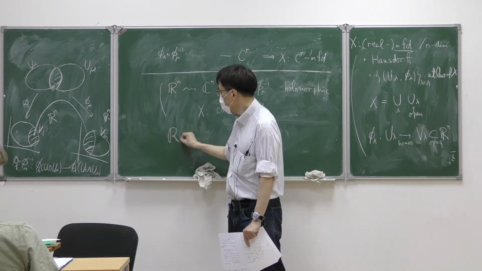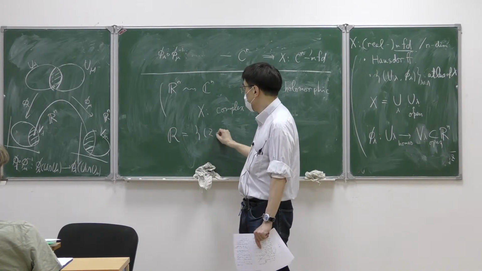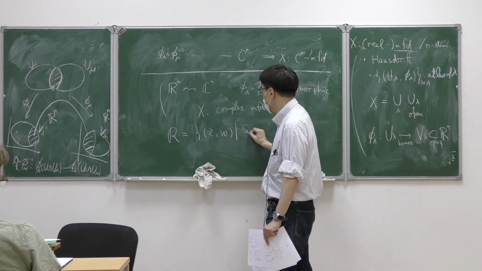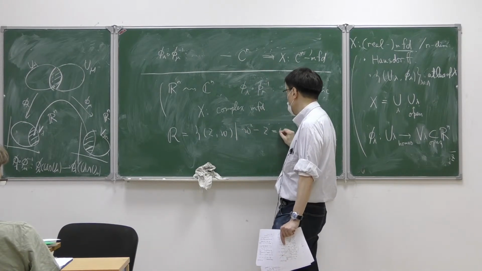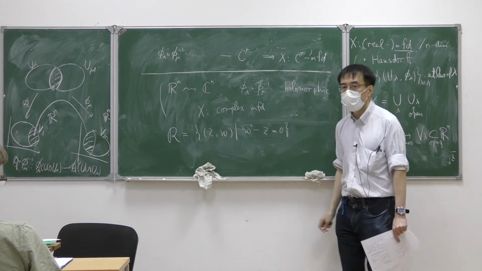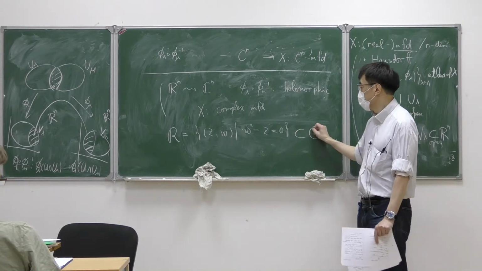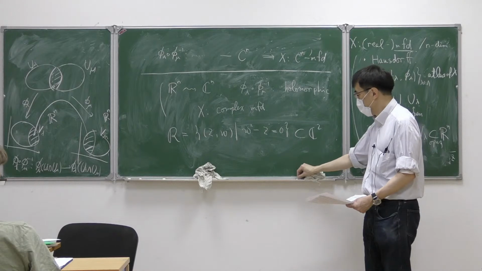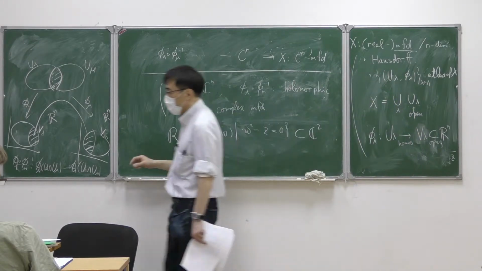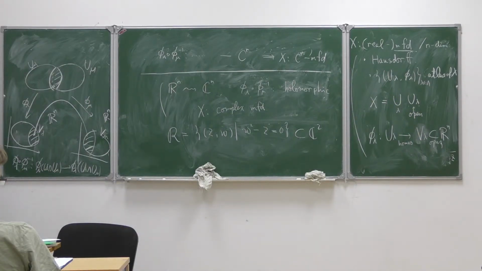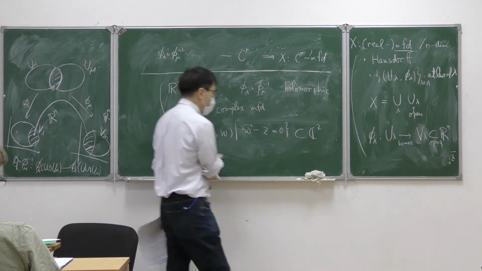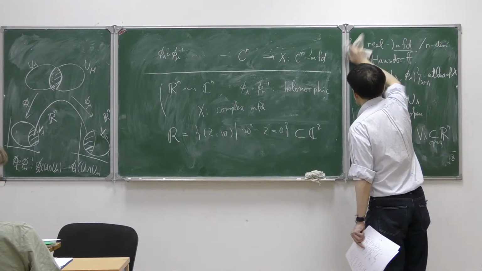So what we have defined was this set in C2. Actually, this becomes a complex manifold.